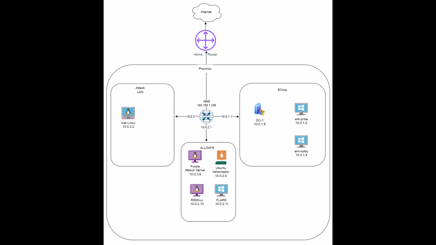Now remember, this is an advanced lab, so you're not limited to just those technologies in the AllSafe LAN. If you want to use a different SIM, for example, you want to use Splunk or you want to use Elastic, one of the other SIMs that we've used in this course, then just build that inside the AllSafe LAN instead of Wazuh, which is the one that we're going to go with.